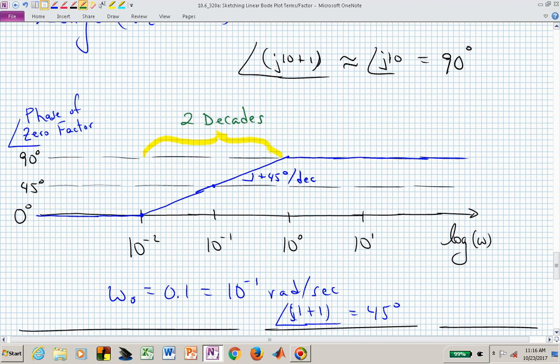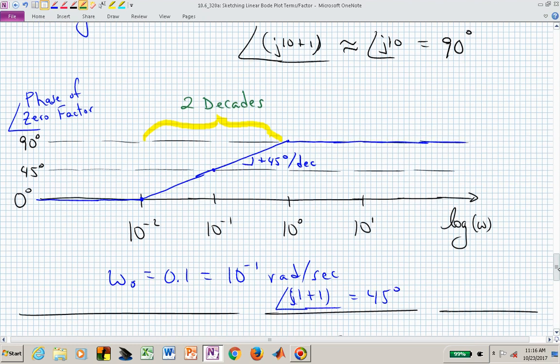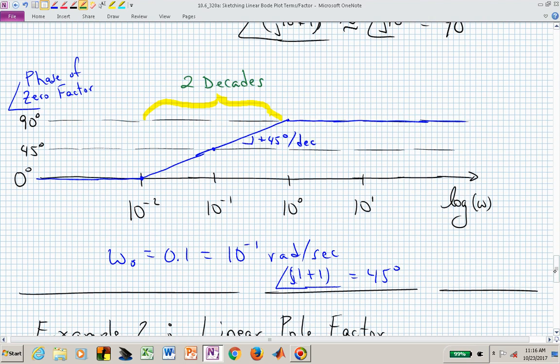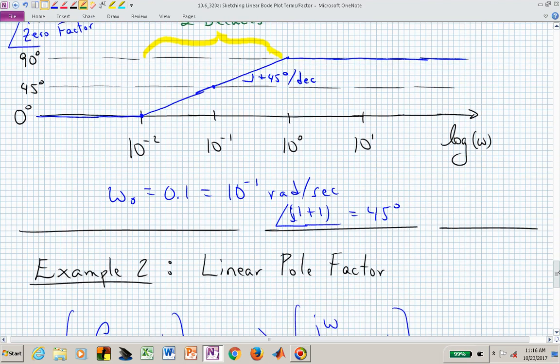So unlike the magnitude, where we could simply break at the break frequency and establish that slope for all frequencies thereafter, for the angle, we have to turn the slope on a decade before the break. We turn off the slope a decade after the break, and now we have to keep track of both before and after. That's why it's important to think about small, just right, and large frequencies.